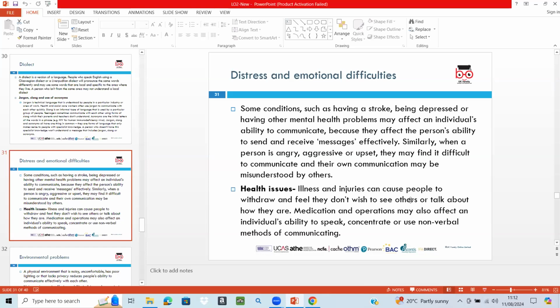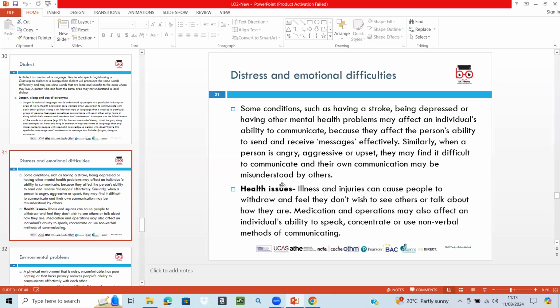So we need to consider the issues the service user is facing, and communicate in a way that is understandable by the service user. We can use, for example, visual or hearing aids, an interpreter or translating devices, things like that.